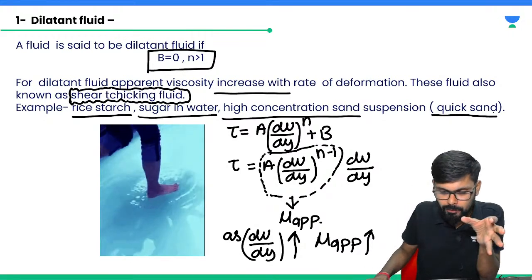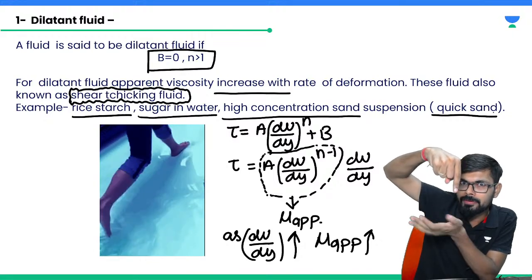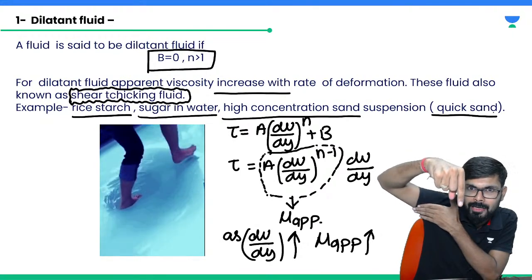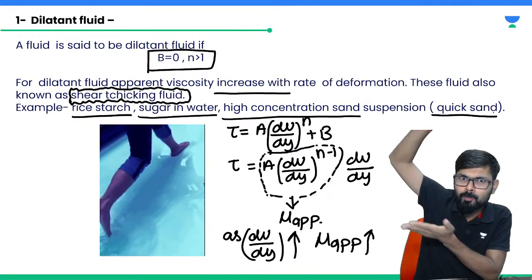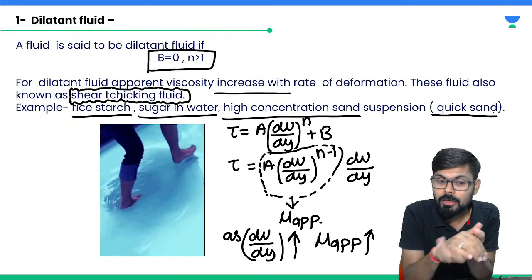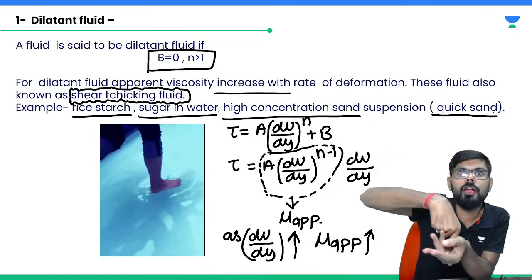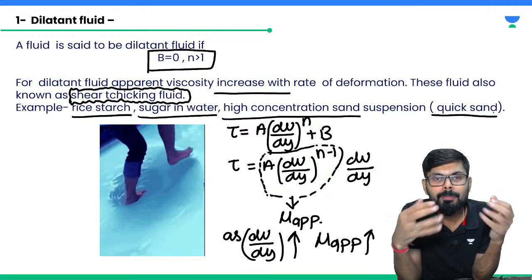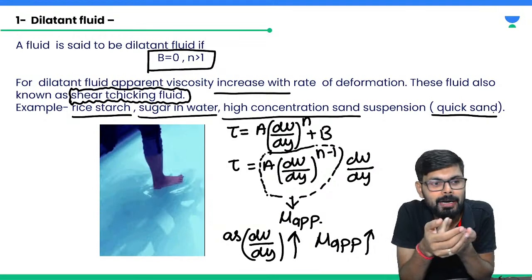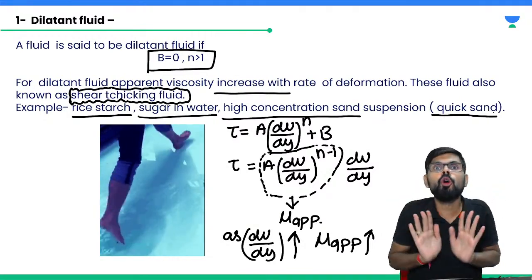Now you need to understand one thing: if you put your finger slowly, with a small du by dy or small tau value, then it will enter easily. But if you put your hand like this, your hand will not enter. Even if you put your finger like this, it will not enter. Why? Because when you apply more tau value or more du by dy value, it will offer more resistance.